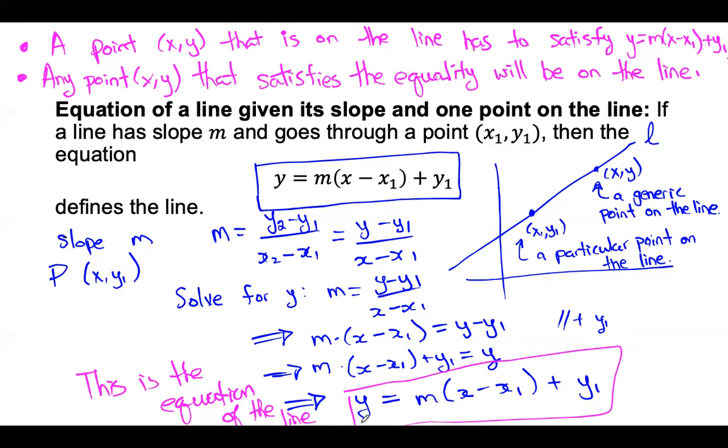So essentially, this is the equation of the line, y. We have our slope, x1 and y1 are points, and x and y are just generic points. And we can get the equation of the line for infinitely many lines.